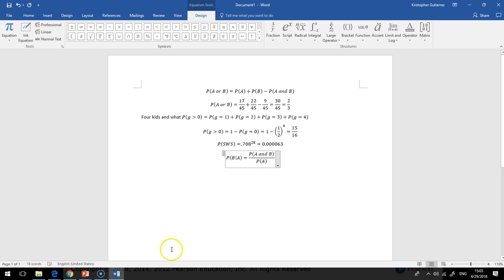And sometimes you want to know this conditional probability because you know A has already occurred. So then what's the probability that B occurs given that A has already occurred? And that's what you're looking at. And I have a loud chair, so I apologize for that.